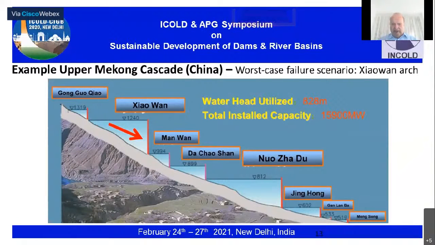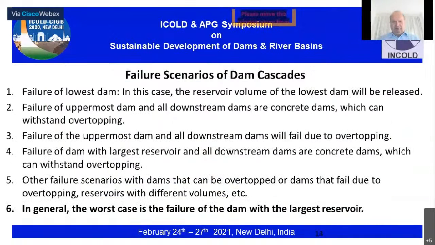It's an even larger reservoir, an embankment dam, and it will most likely fail if it is overtopped by the water released by Xiaowan Dam. Also, if the Nuozhadu Dam fails, it will basically affect the dams further downstream because this reservoir is really very huge. It will also have an effect on the whole downstream flow of the Mekong River down to Vietnam, as I've shown before.